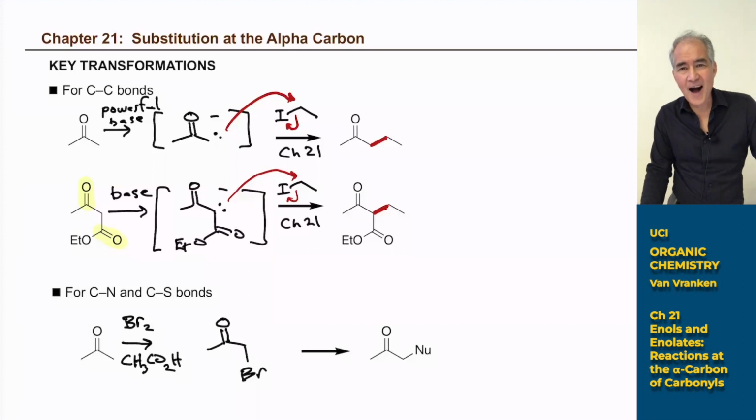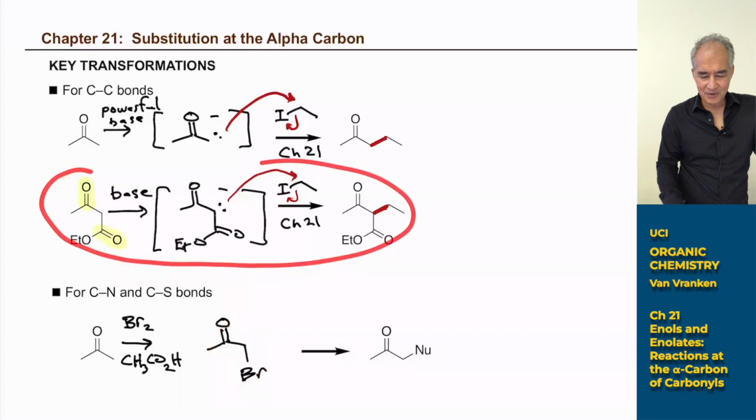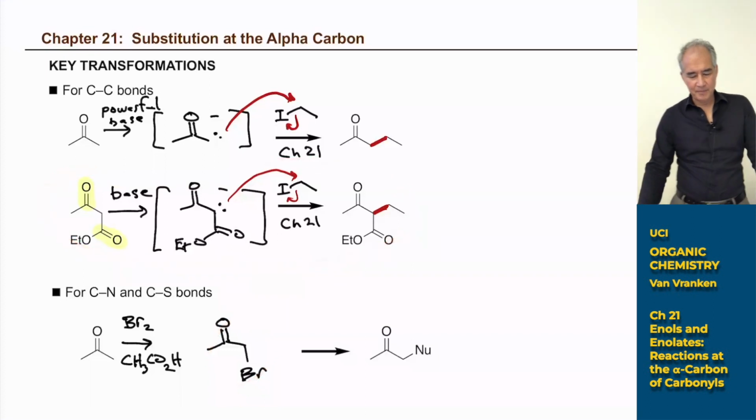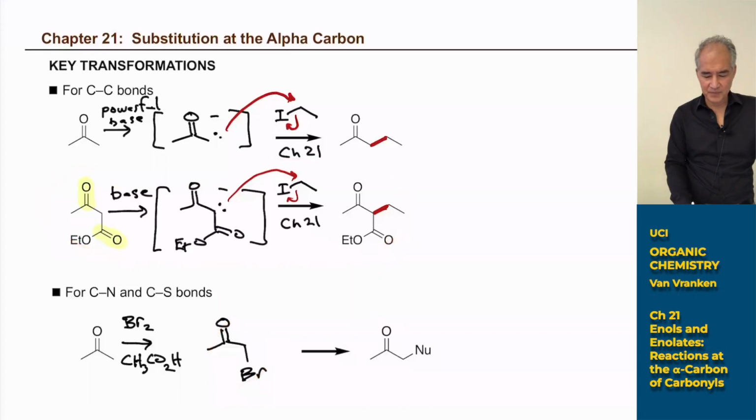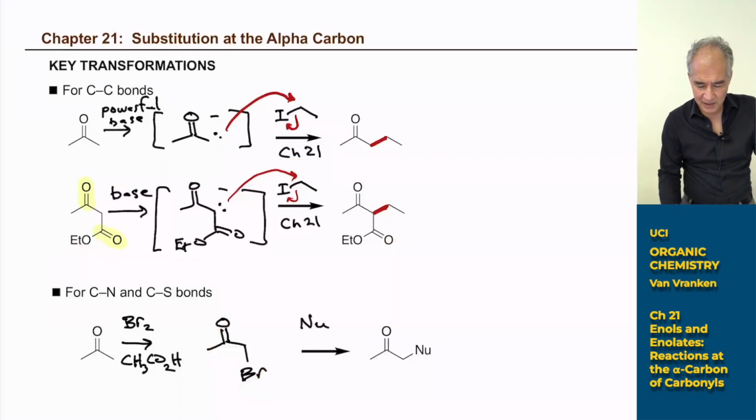Now we don't use alkoxides for this SN2 chemistry because that's basic. Once you start throwing alkoxides in with this, it's not going to be SN2 city, it's going to be doing this kind of business. But you will see us use these alpha-bromo ketones to add sulfur and nitrogen nucleophiles. So we'll be adding sulfur and nitrogen nucleophiles in order to displace bromine.